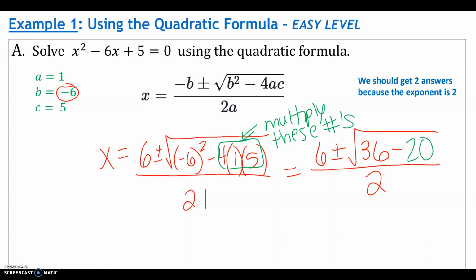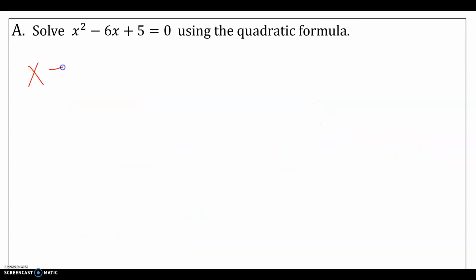Notice we're doing this step by step. Then we're going to get x equals 6 plus or minus the square root of 36 minus 20, which is 16, all divided by 2. We're still not done yet, but I'm going to switch the slides. Same problem, but I'm going to show you how we would break this apart.